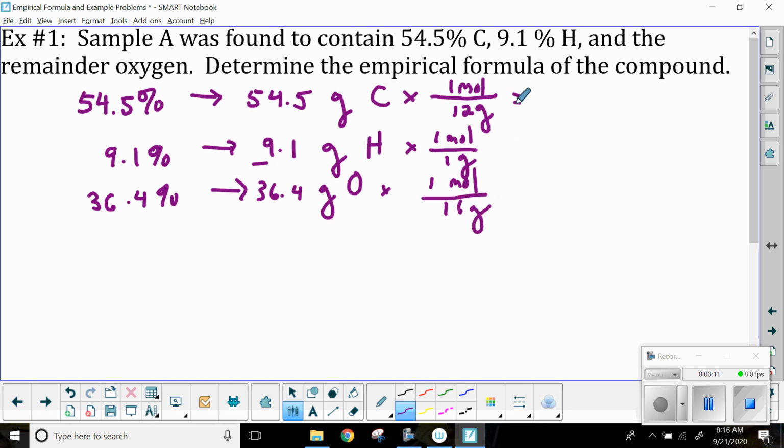So, dividing all of that out, I find that I will have 4.54 moles of carbon, 9.1 moles of hydrogen, and 2.275 moles of oxygen.